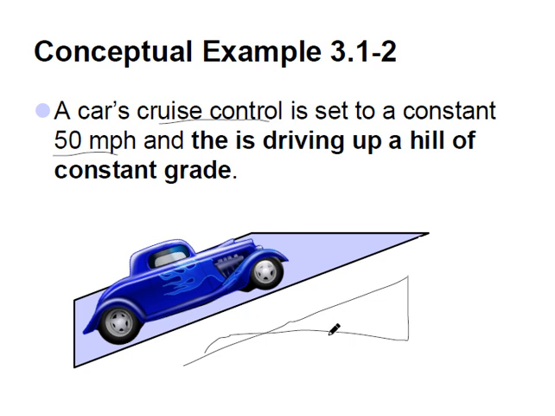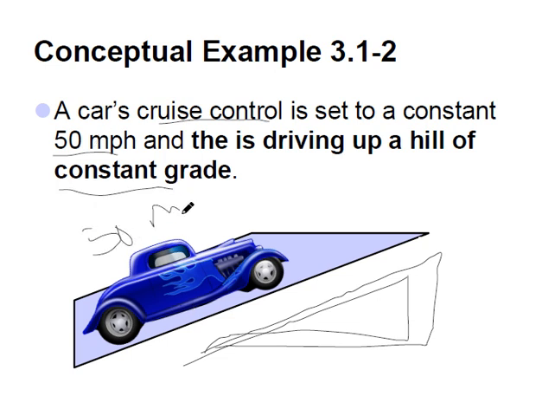But in order to make the hill, since it is like driving up a hill that has a constant grade, if you reduce or increase the speed, it's not going to make it. Normally you're going to have to keep the constant 50 miles per hour to comfortably make the constant graded hill.